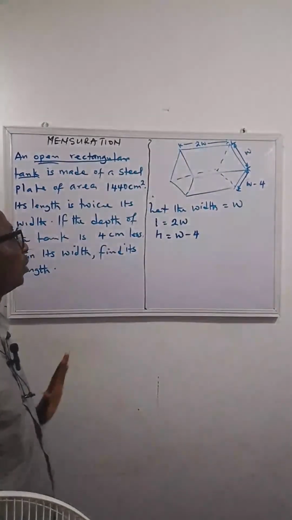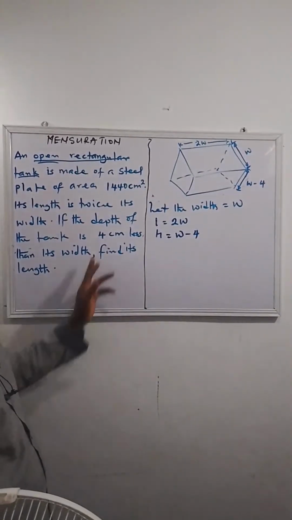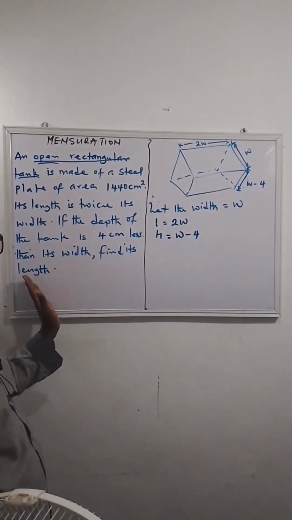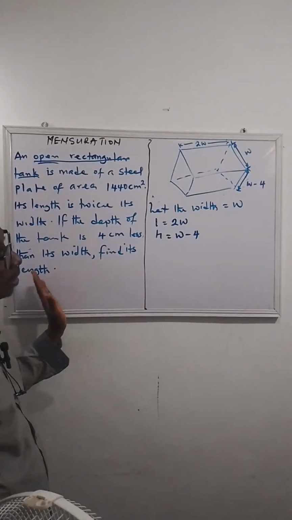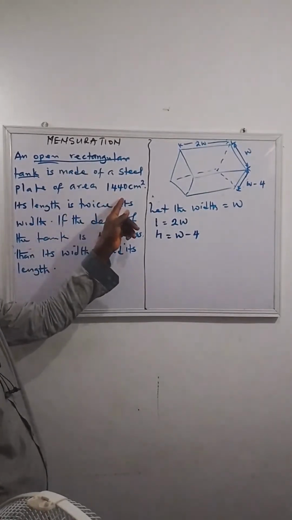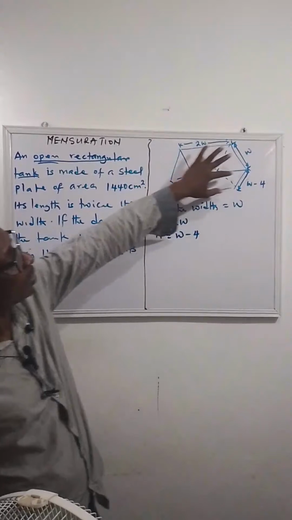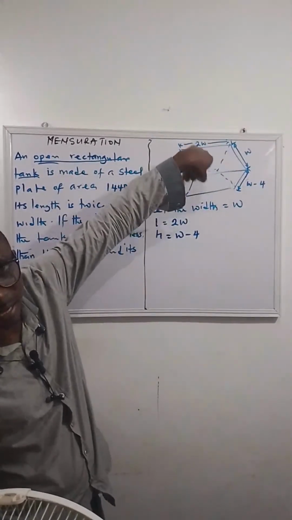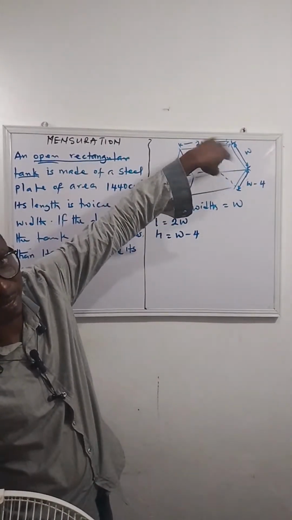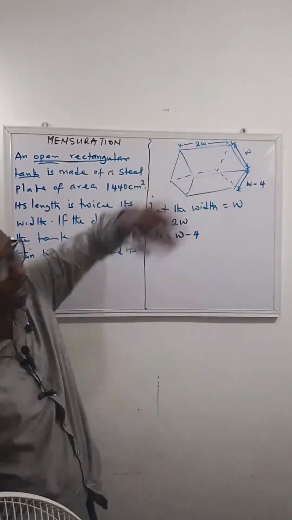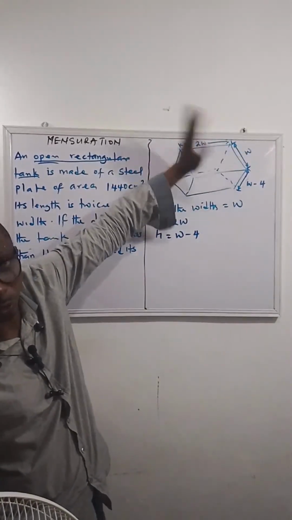So what we are going to do now is find its length, and we have been given the area. Let us write the formula for calculating the total surface area, but don't forget to exclude the upper one because it's open.